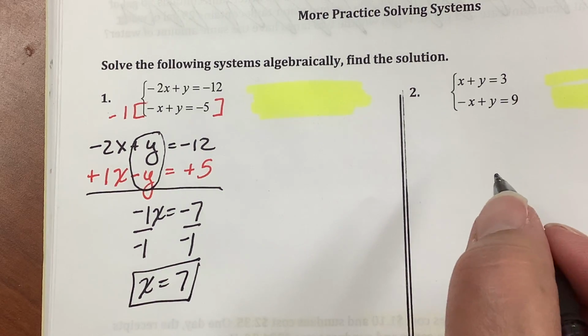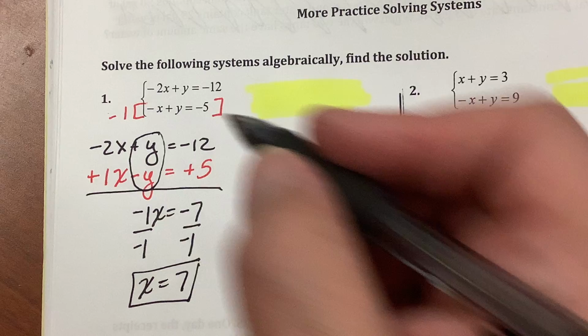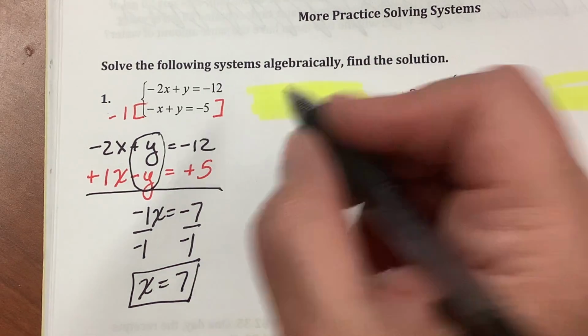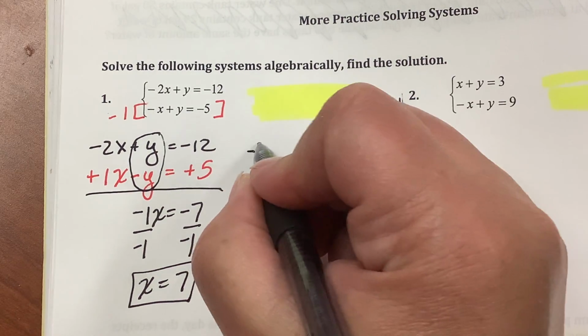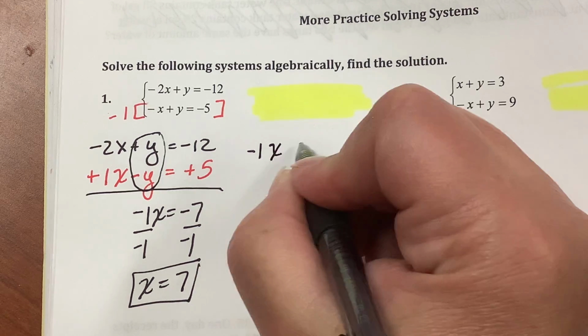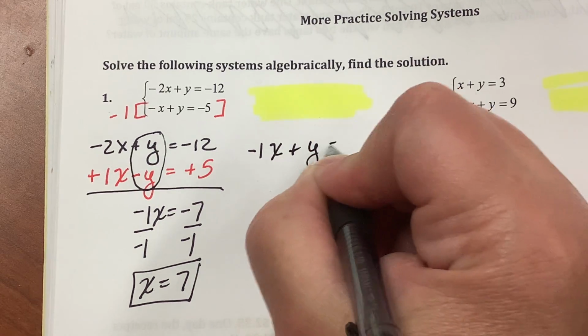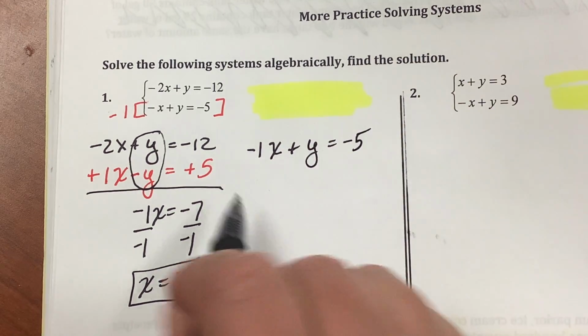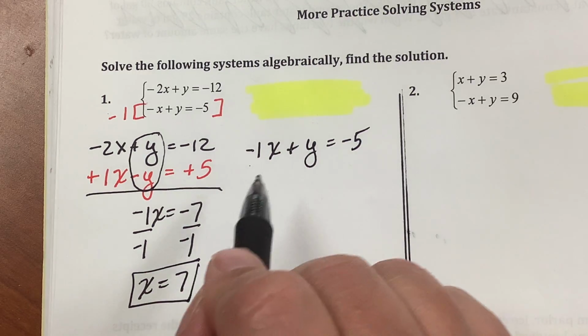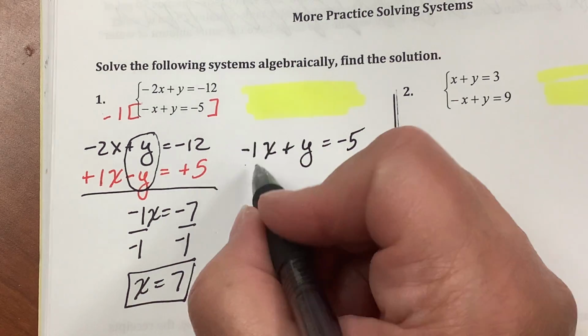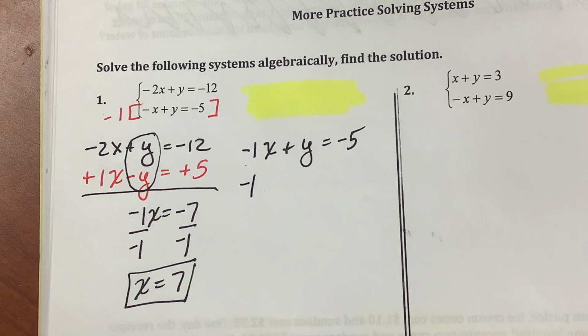Now I have to go put that up into one of the equations and solve for y. It doesn't matter which equation. Let's do the second one. -1x plus y equals -5. Why is that -1 there? Because I have to multiply times 7. -1.